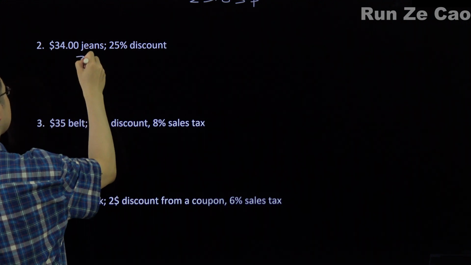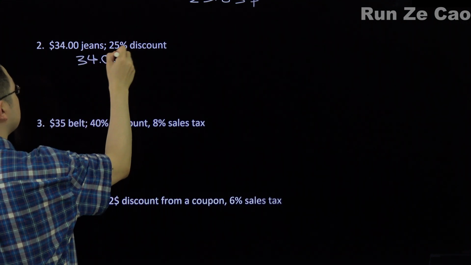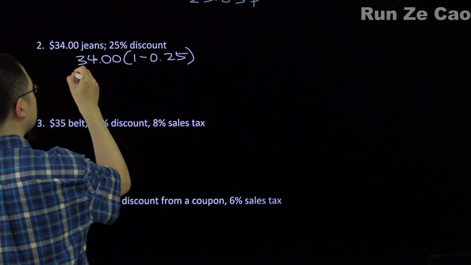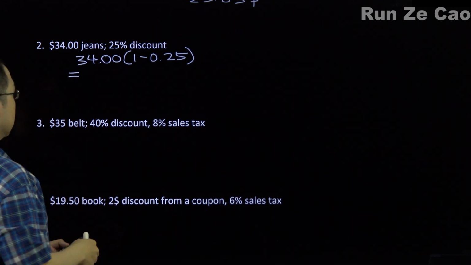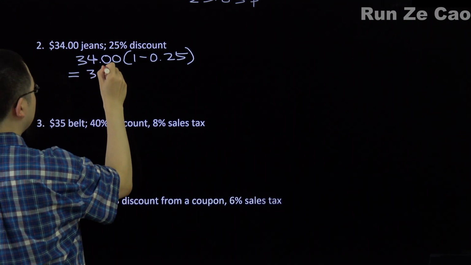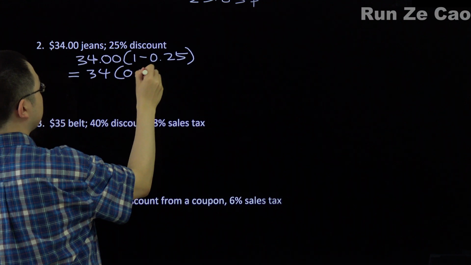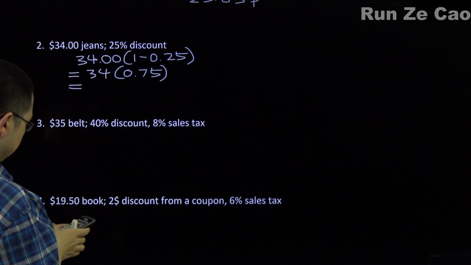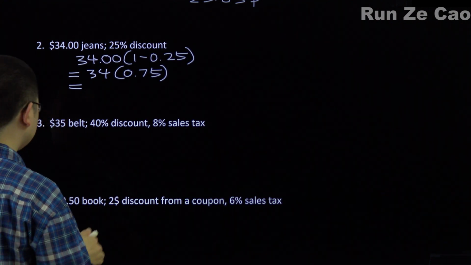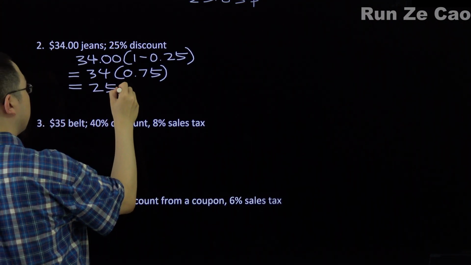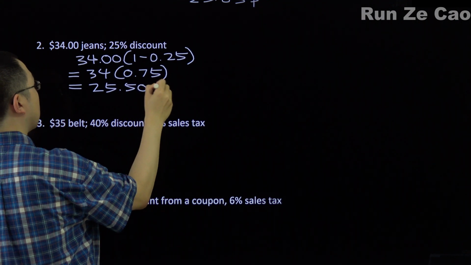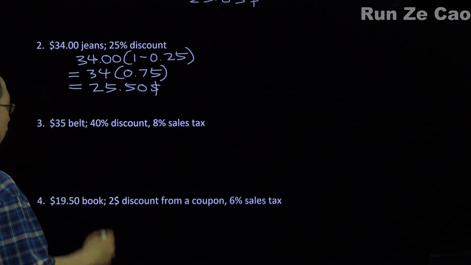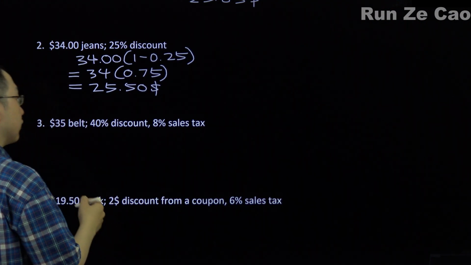Which means you're looking at 34.00 times 1 minus 0.25, which is equal to 34 times 0.75 if your teacher's a stickler for steps. 0.75 times 34 is $25.50.